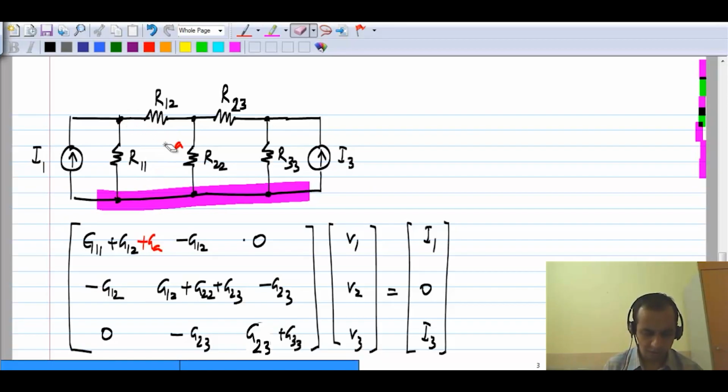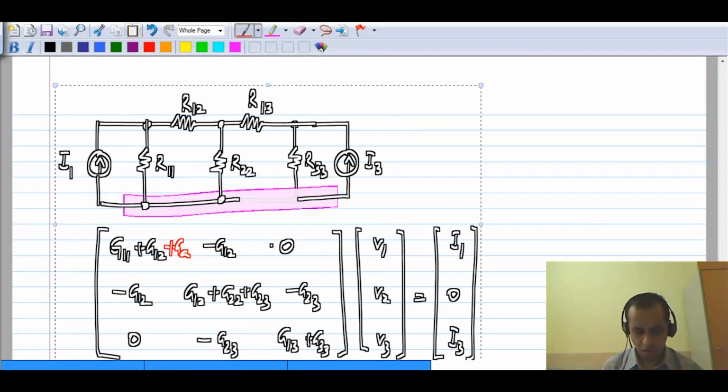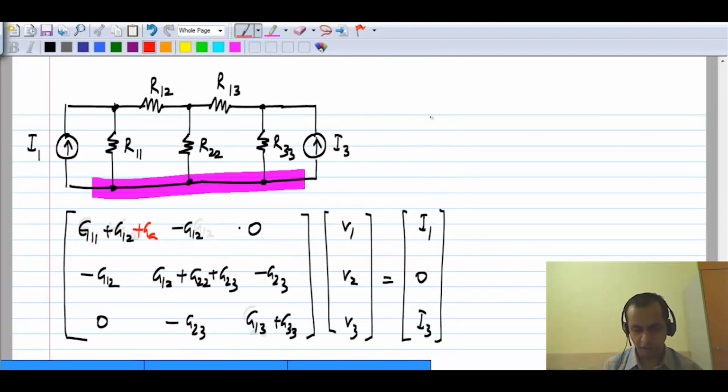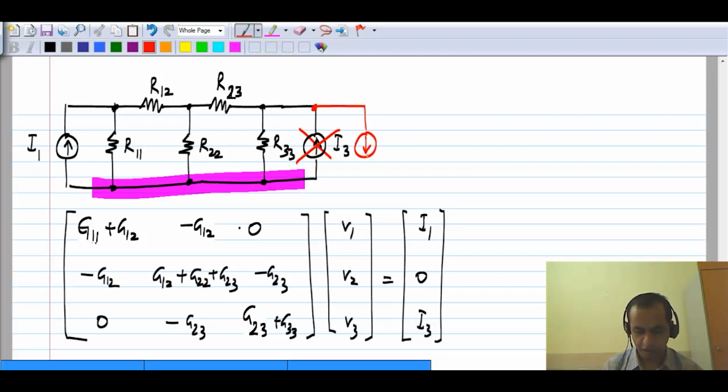Now let me remove this. Now let's consider another change. Let me get rid of this current source I3 and connect it in the opposite direction from what I had earlier. Please work out what is going to happen to the equations because of this.